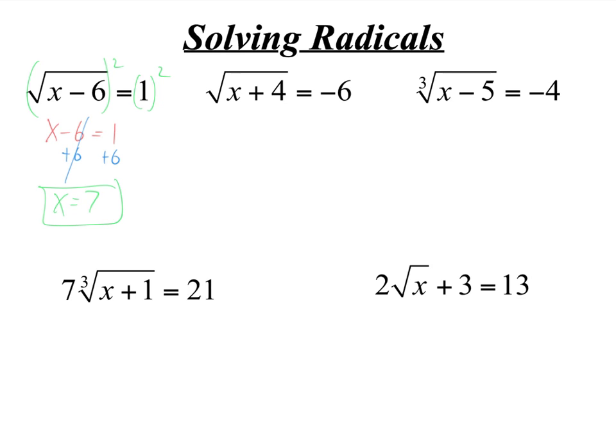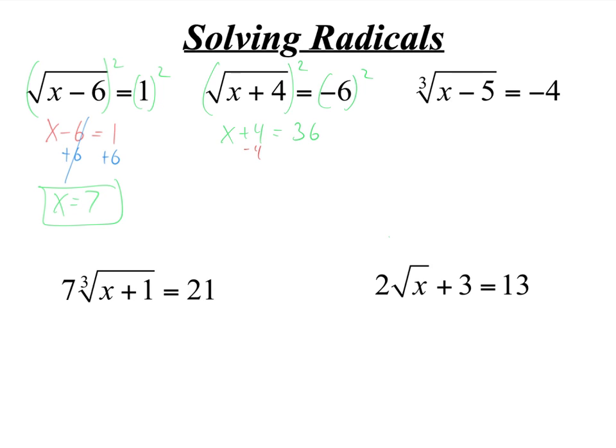We're good. For this problem right here, if you're really sharp right off the bat, could you ever have a square root equaling a negative 6? No. Done. No solution. If you're very sharp right off the bat, you should know this is no solution. But let's solve it to show why that's the case. If I square both sides, I get x plus 4 equals 36.